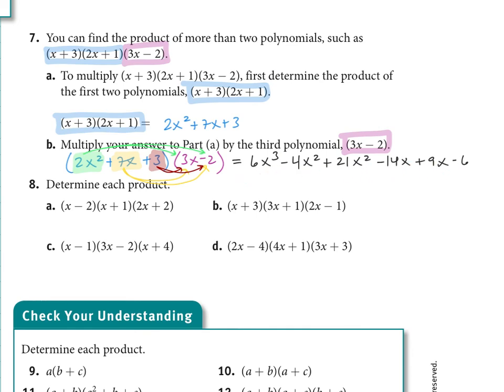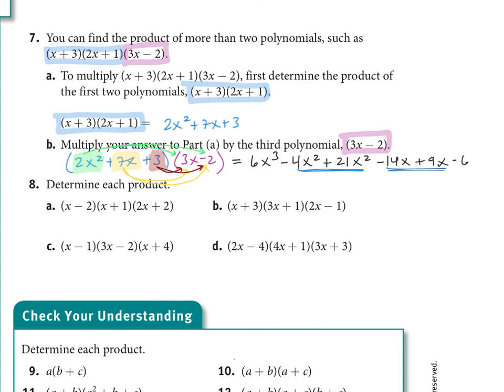What's actually kind of nice is when we have our trinomial ahead of our binomial, yes, we have to do an extra step because we have to multiply 3 different times. But what's nice is you can see the like terms are by each other. I can see the x squareds are by each other, and I can see the x's are by each other.